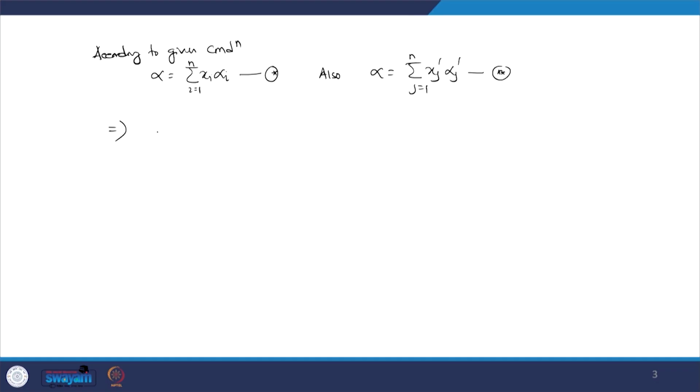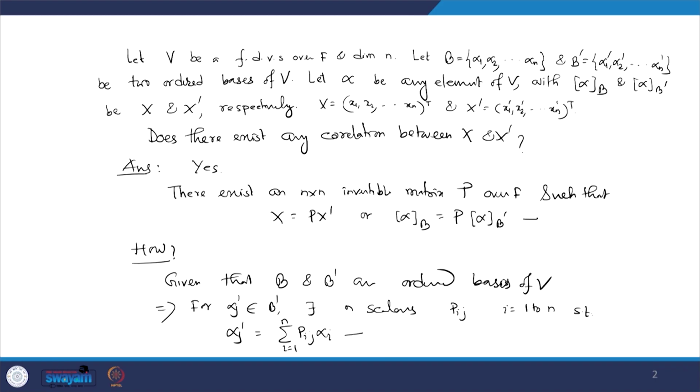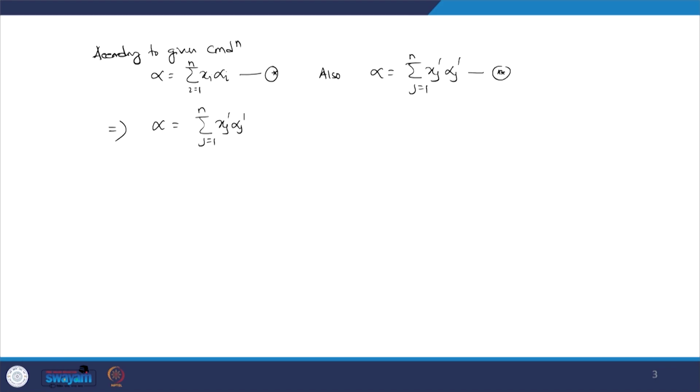So, this implies I can write alpha equal to sigma x j prime alpha j prime, j equal to 1 to n. But if you recall what we have already written, as equation 1, each alpha j prime can also be written as a linear combination of alpha i.